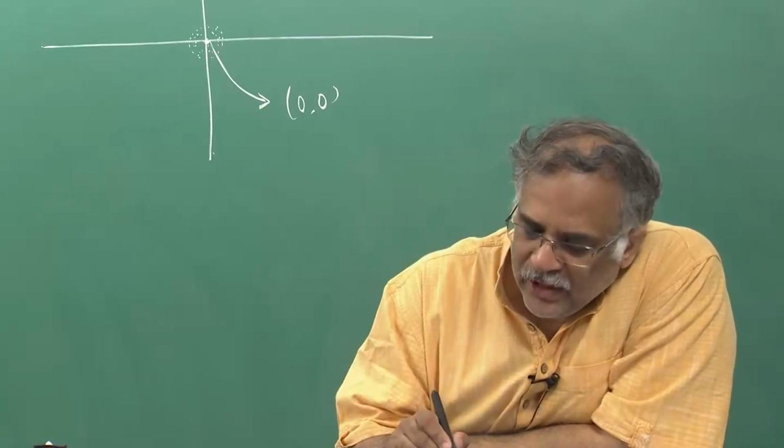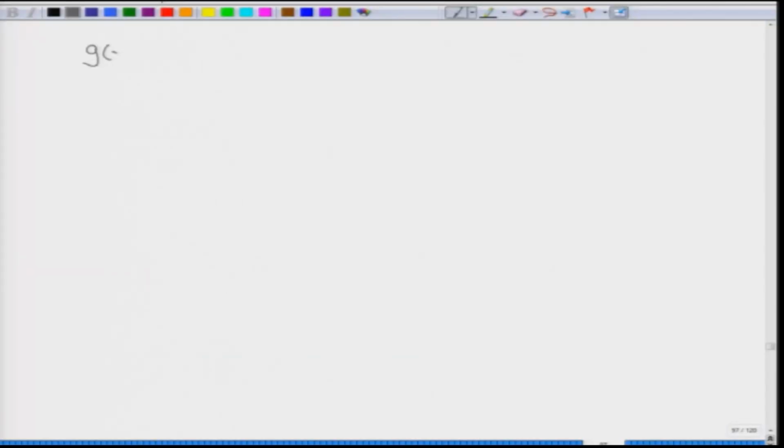So, let us investigate g(x,y). So, observe, first thing that you observe is g of 0 0 is 0. Let us now observe what is the value of del g del x.